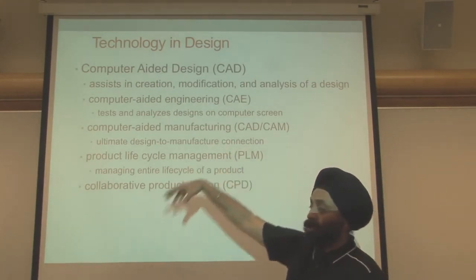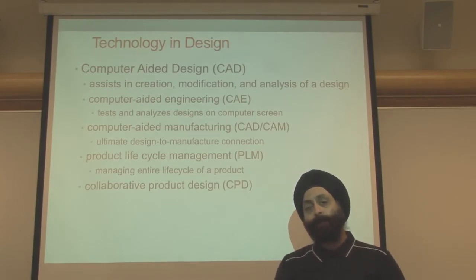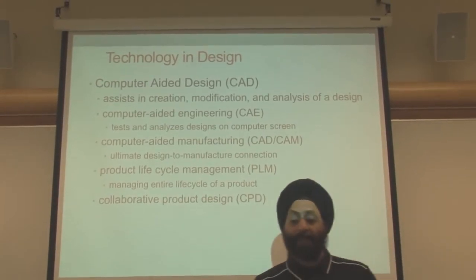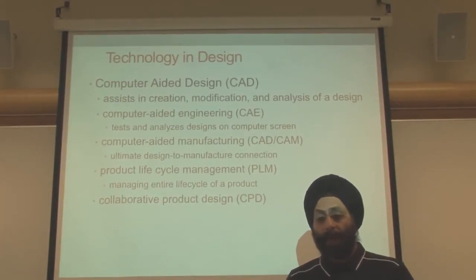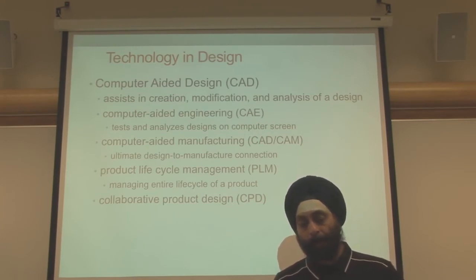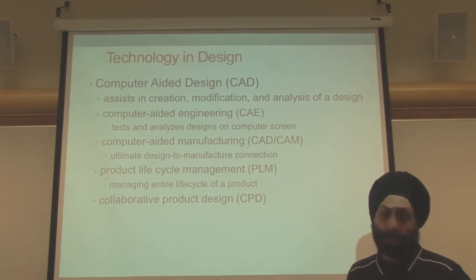Computer-aided manufacturing is where you are now using computers to manufacture certain things. The classic example of that is numerically controlled components that we all use in the kitchen, the microwave, for example.